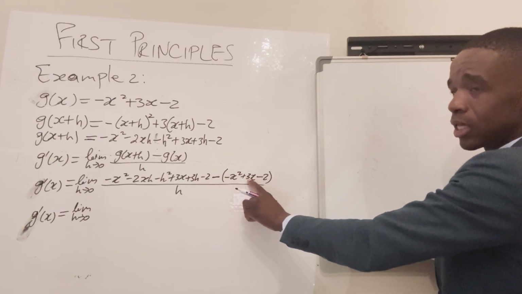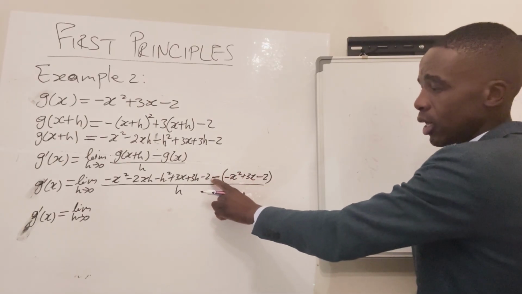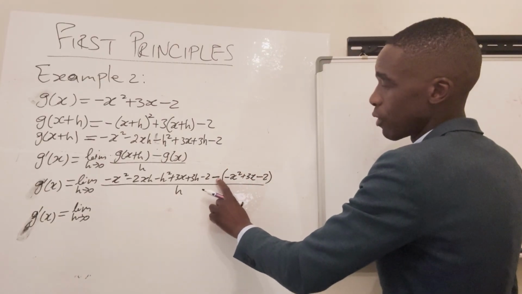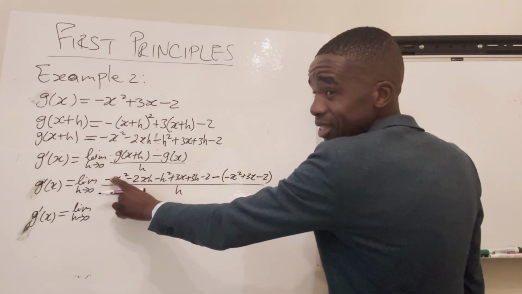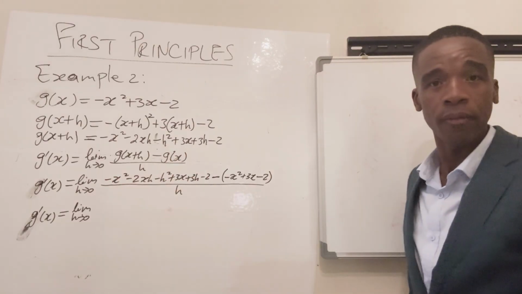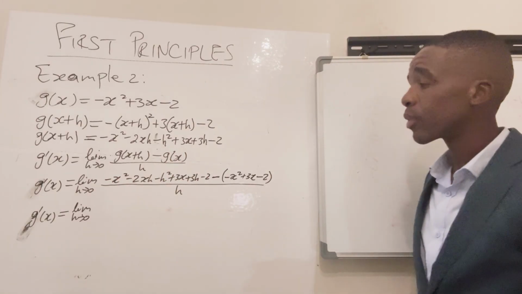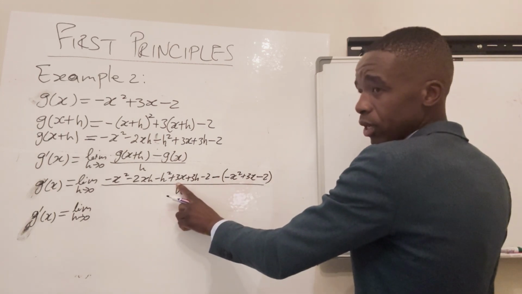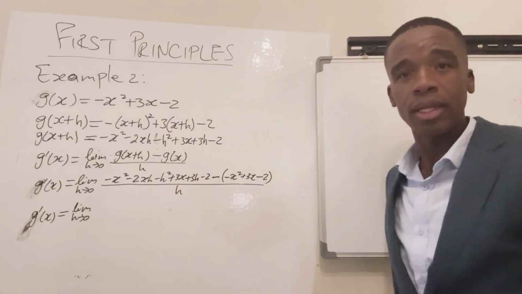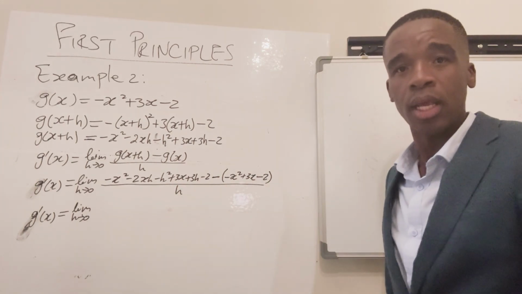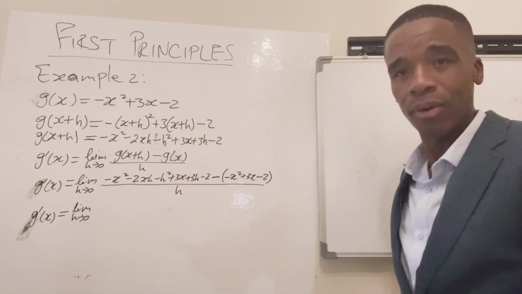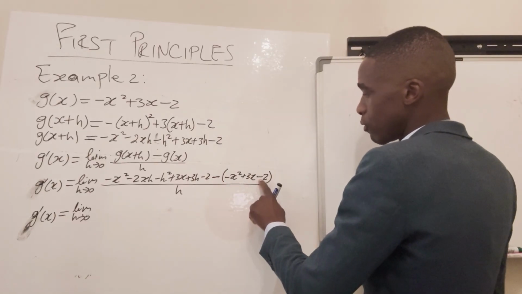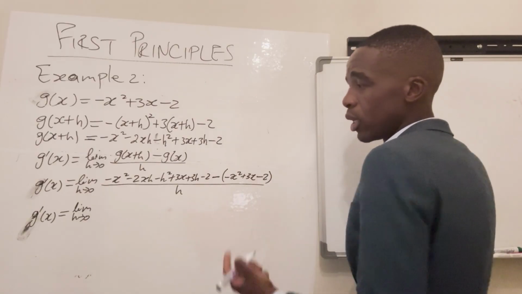That 3 is going to be negative, and a negative and a negative is a positive. So what am I going to have? I'm going to have a positive x squared, so minus x squared, the x squared goes away. And then I'm going to have a negative 3 and a positive 3, then the 3x goes away. So 3x minus 3x is 0. And also a negative times negative is positive, so positive 2 minus 2 is 0.